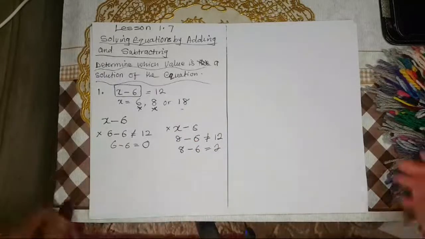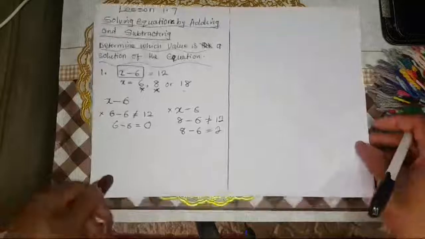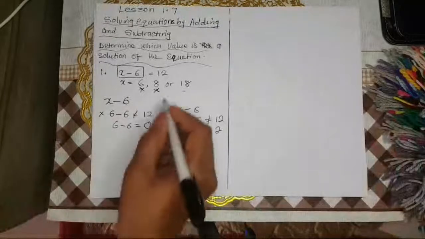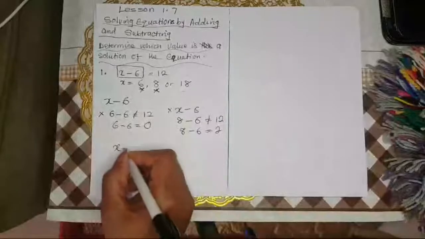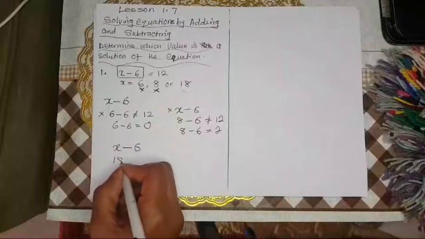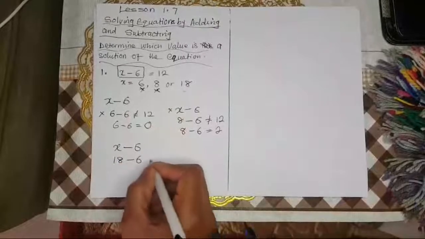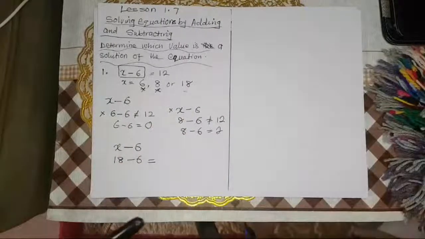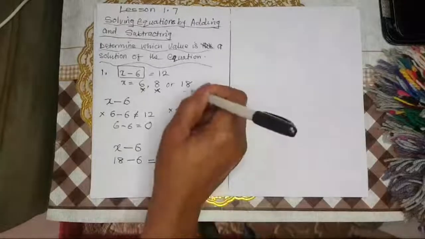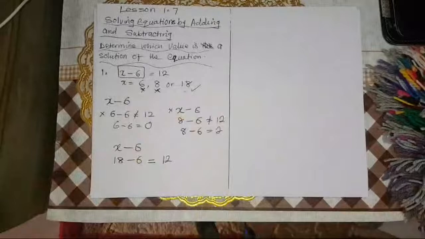We're going to use the equation again, x minus 6. So we'll replace x with 18, 18 minus 6. 18 minus 6 is going to give us 12. So this is the correct answer, okay? That's all they are looking for.